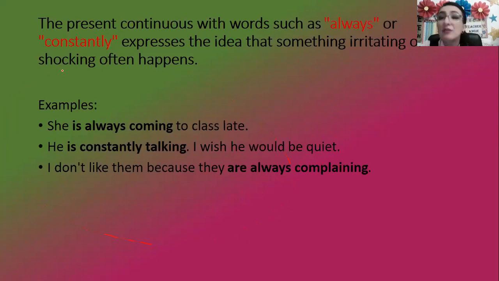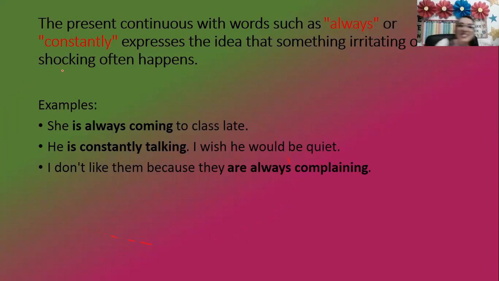Okay. Remember that also you can be using the present continuous with words such as always or constantly in order to express the idea that something irritating or shocking often happens.